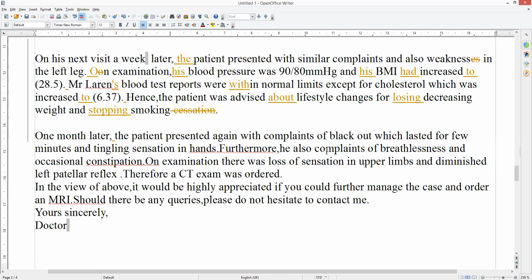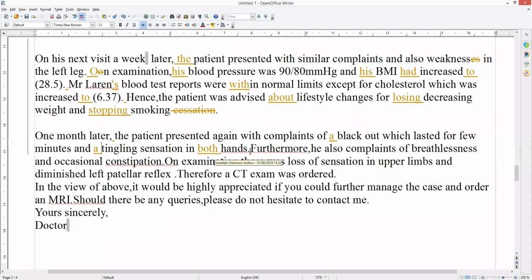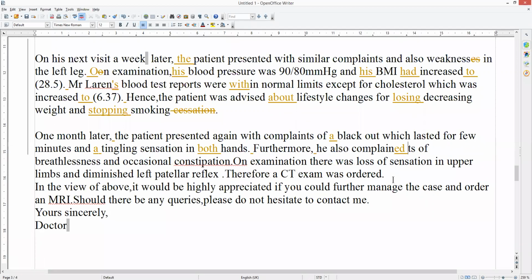Which is it? No idea, so we'll make it one. "A blackout, which was for a few minutes, and a tingling sensation in his hands." Grammatically complete sentences. If you don't, you're not going to be getting a good score. "He also complaints." Complaint is a noun. Complained is a verb. "Complained of breathlessness and occasional constipation."